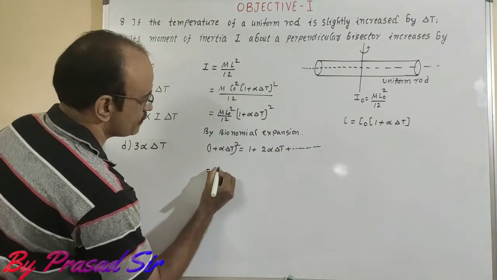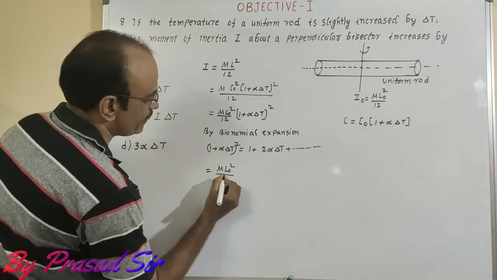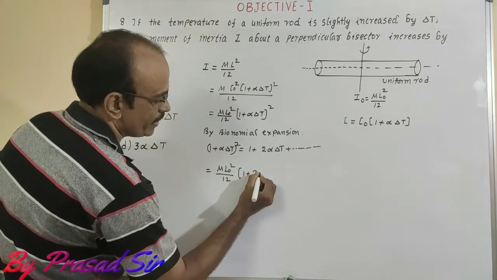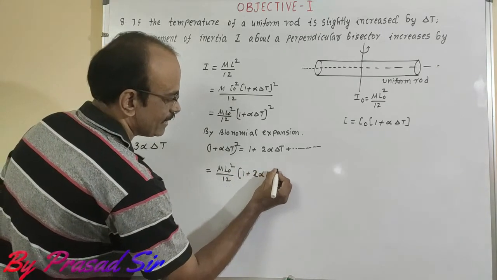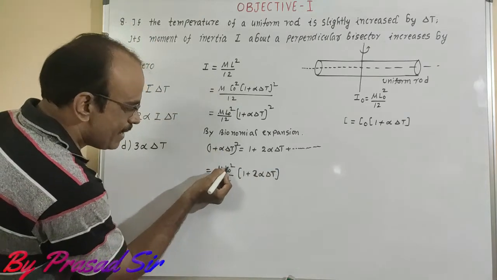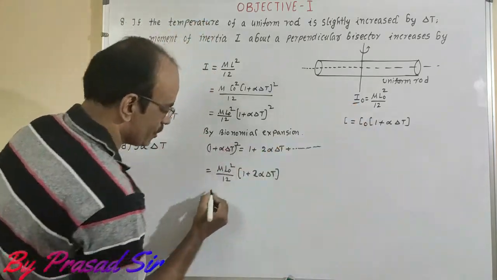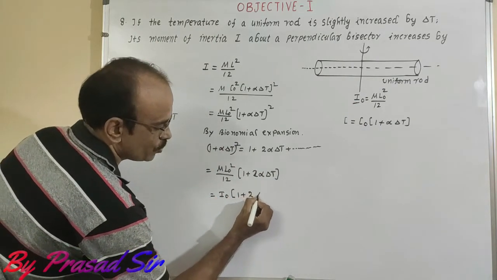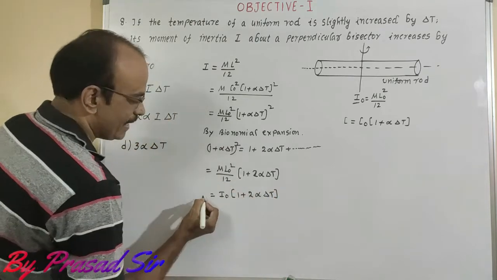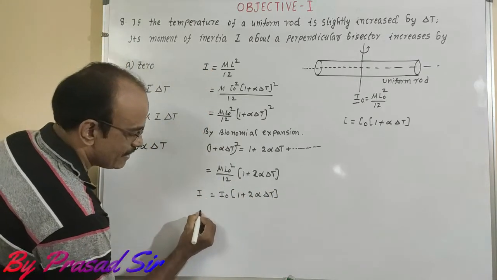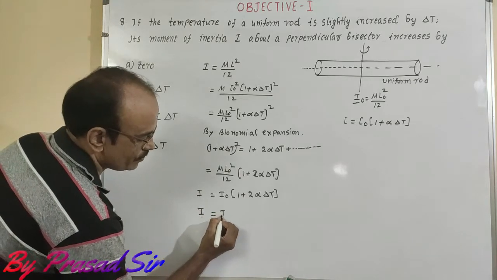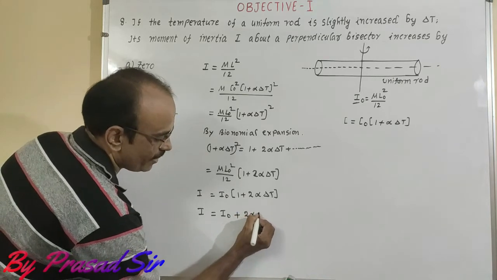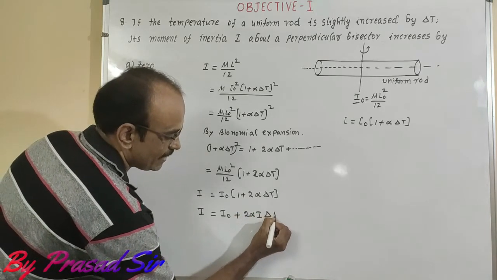Now I will write m L naught square divided by 12 times 1 plus 2 alpha delta T. But we already know m L naught square by 12 is I naught. So I write I naught times 1 plus 2 alpha delta T. So I is equal to I naught plus 2 alpha I delta T.